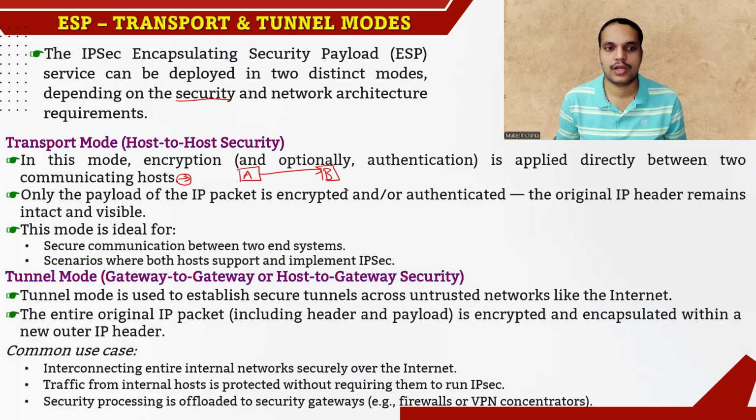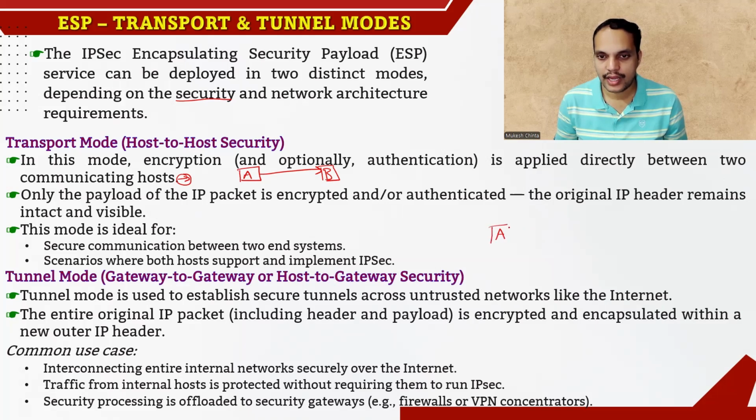The second mode is called the tunnel mode. Here, we also call it gateway-to-gateway or host-to-gateway security. So tunnel mode can be used when one of the communicating parties is not the endpoint. Then we can use tunnel mode. Tunnel mode is used to establish secure tunnels between untrusted networks like the internet.